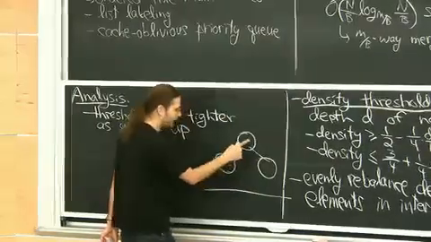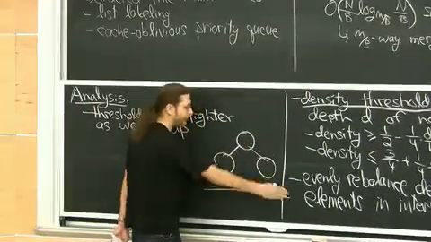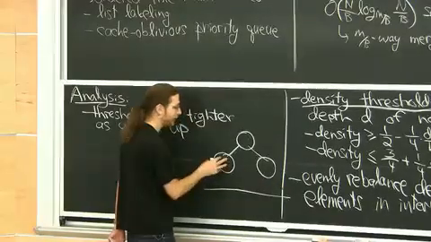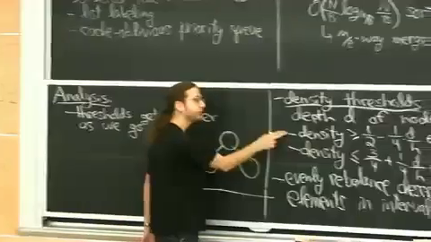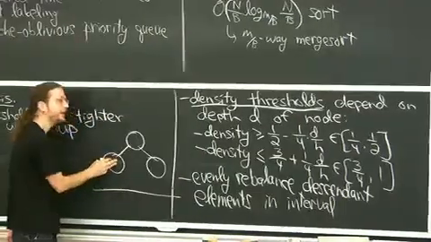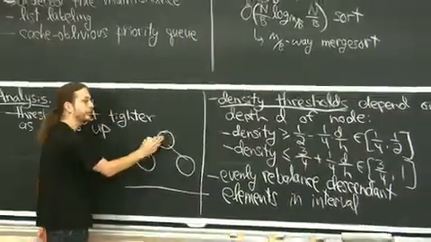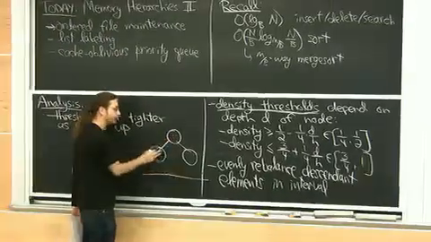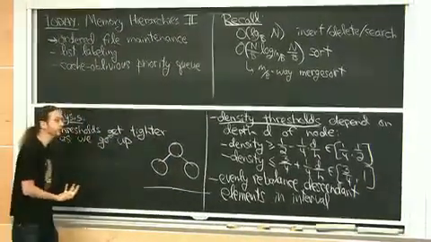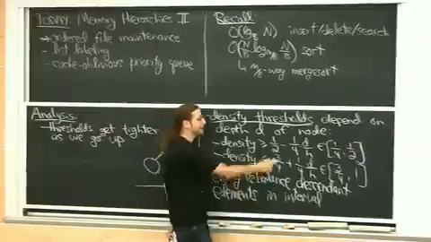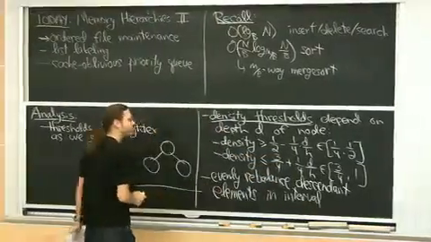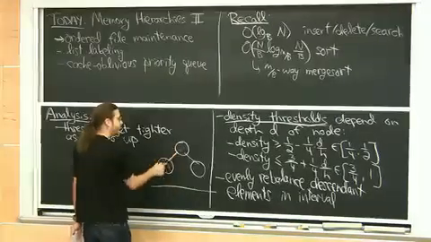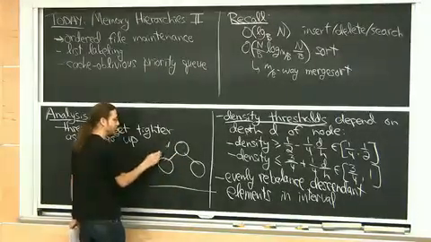If we're evenly redistributing, so the density is equal everywhere, left child will have the same density as the parent. But if you look at the density thresholds of the child, they will be more relaxed compared to the parent. So if the parent is within threshold, the child will be far within threshold by at least a 1 over h additive amount, because their depths differ by 1. If this is d, this will be d plus 1.